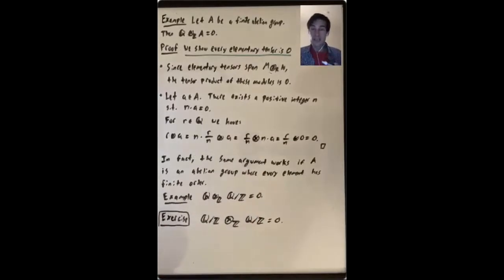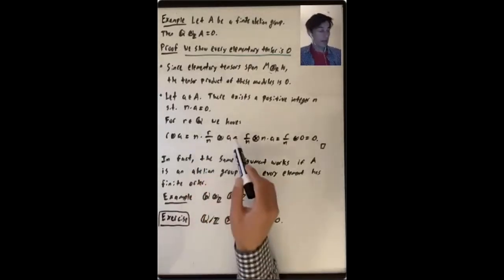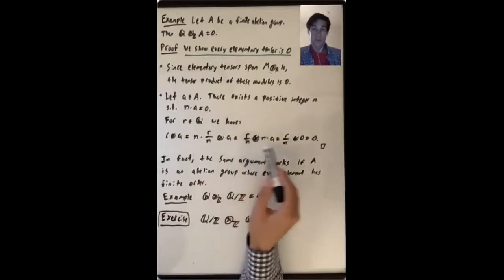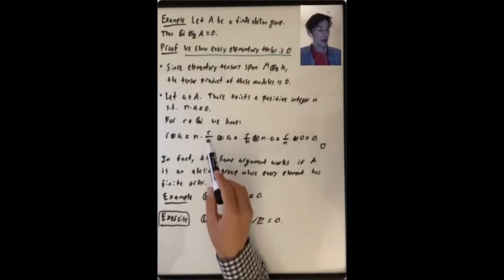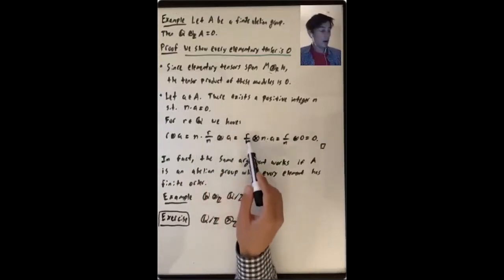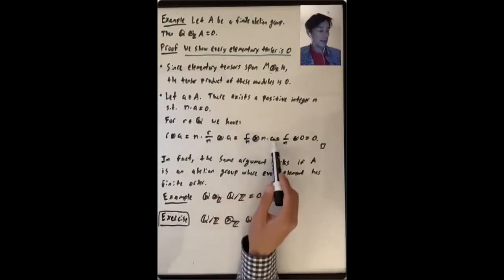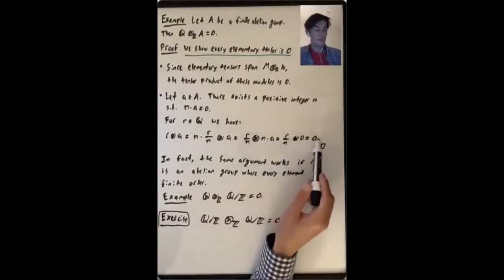But one of the key properties of the tensor product is we can take elements of the ring and pull them out or move them into the other component. So n times r over n tensor a is the same element as r over n tensor n times a. n times a is 0, so this is r over n tensor 0, which is 0.